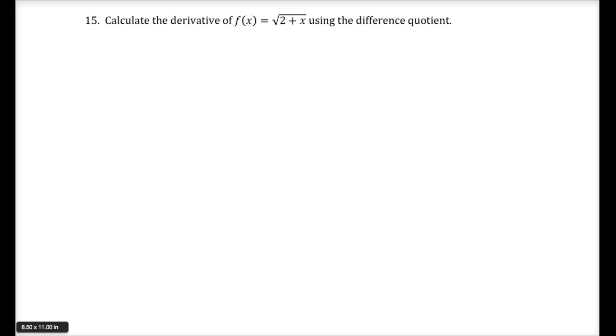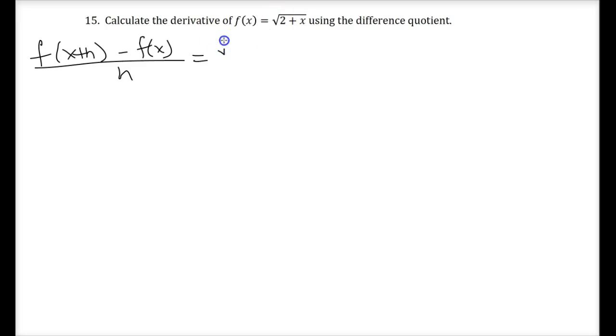I'm going to start by writing out what our difference quotient would be in general, and then you'll see how the conjugate radical strategy helps us simplify everything. So we have f of x plus h minus f of x, all over h.